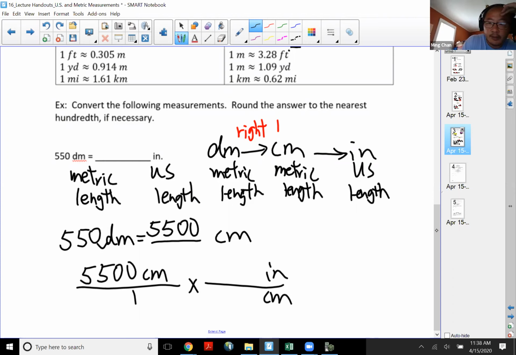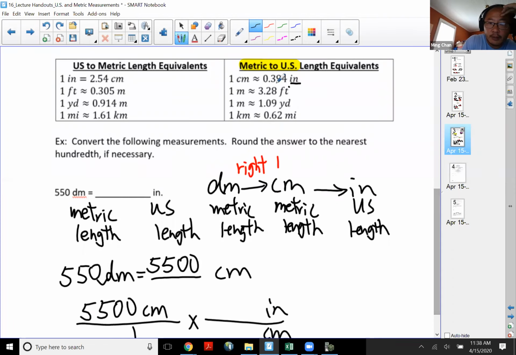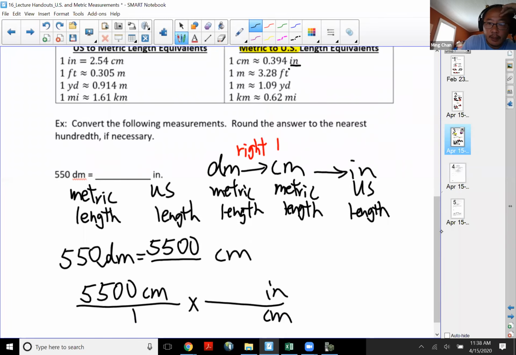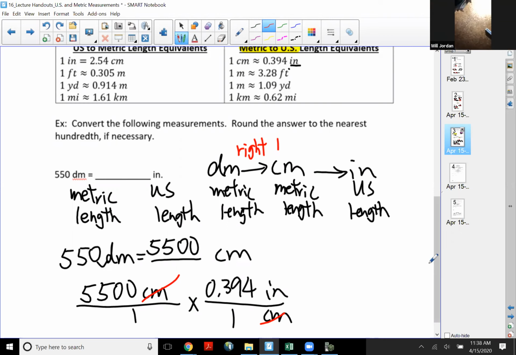What's the ratio? 1 to what? 0.394. 1 centimeter for 0.394. And what happens here? This will happen every time for these problems. Multiply or divide?